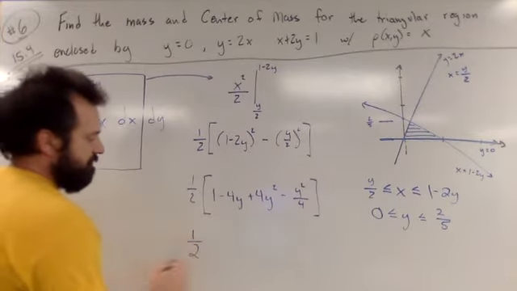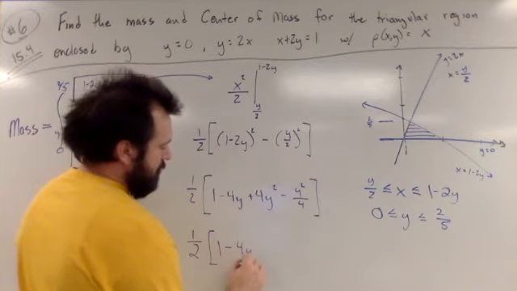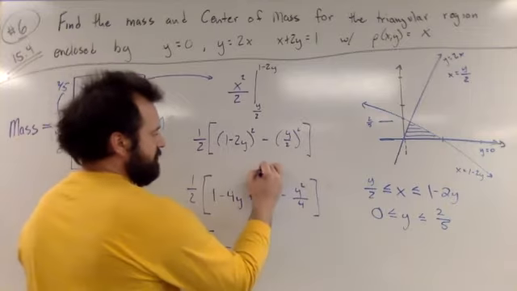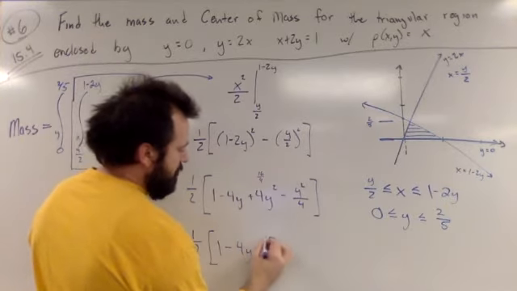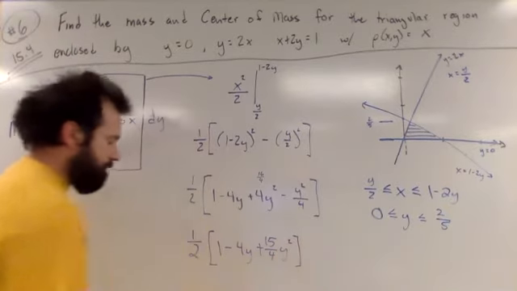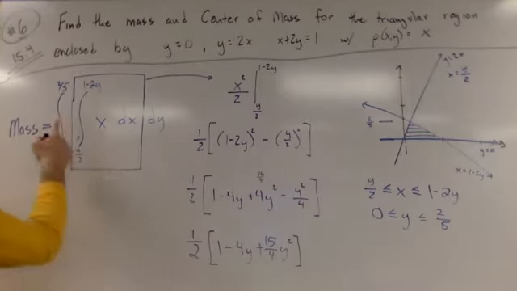So that's 1/2 of 1 minus 4y. Here, I need to combine like terms, right? To make common denominators, that's going to turn to 16/4, so it's going to be plus 15 over 4 y squared. Now I'm going to take this coefficient 1/2 and put it on the outside.